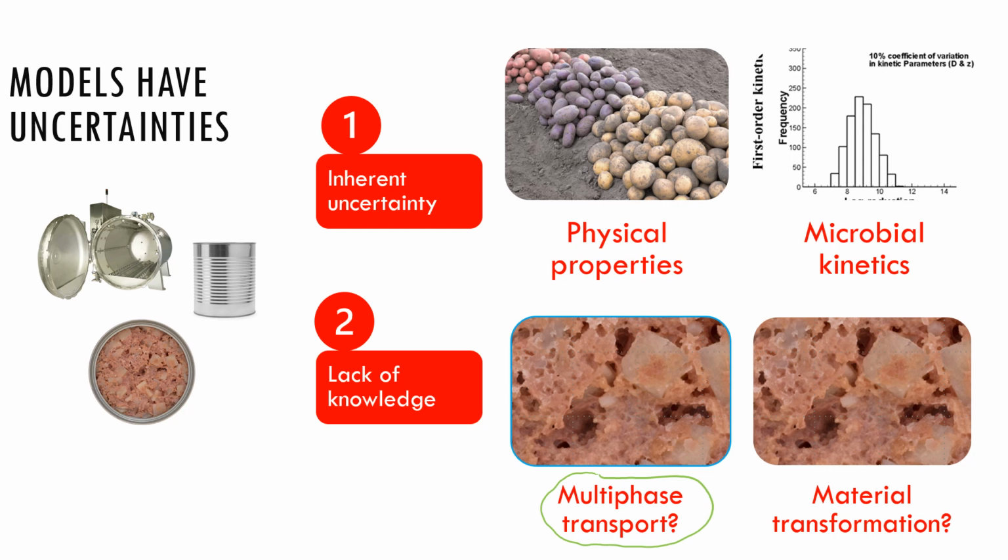So by uncertainty, we truly mean when there is lack of knowledge, meaning we just don't know any better. We do not know what is the real thing, so we could be making errors. This lack of knowledge uncertainty, also called epistemic uncertainty, refers to truly unknowns. We simply need to note these unknowns when we present our model simulations.